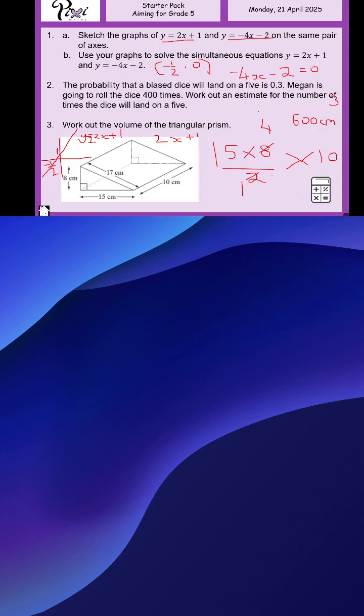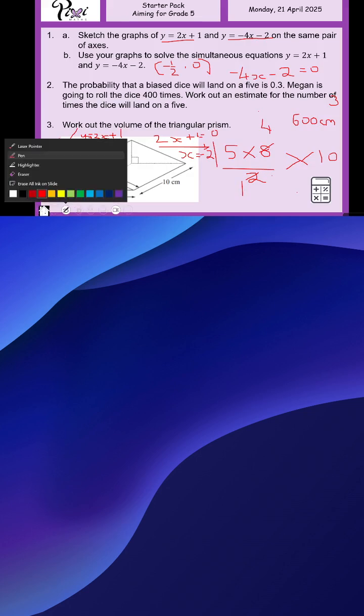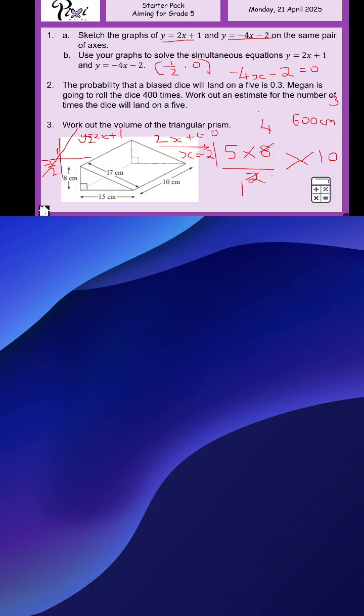I'm going a bit fast. You will get x equals minus a half, minus 0.5. Okay, Reg, if you're listening. So the x-axis is when y is equal to 0. So that's where we get the minus a half from.